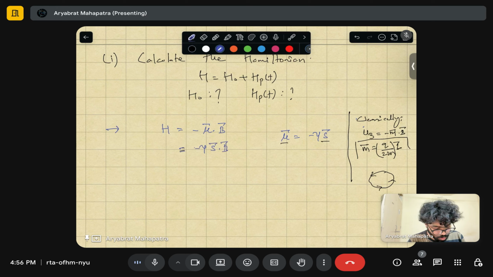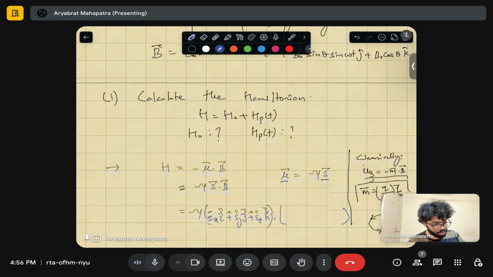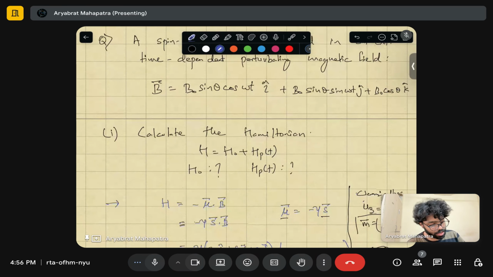Now, for the quantum particle which we have, it has spin S, and it has all three components, just like normal angular momentum: Sx i cap, Sy j cap plus Sz k cap, dotted with this entire magnetic field, which is given right here.